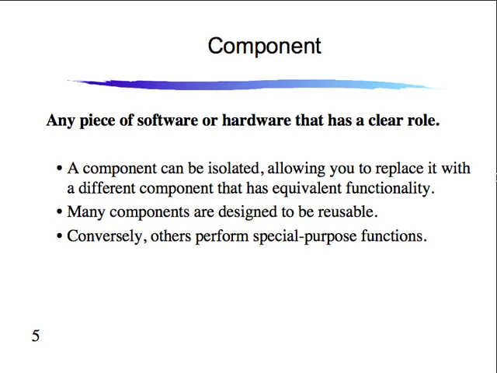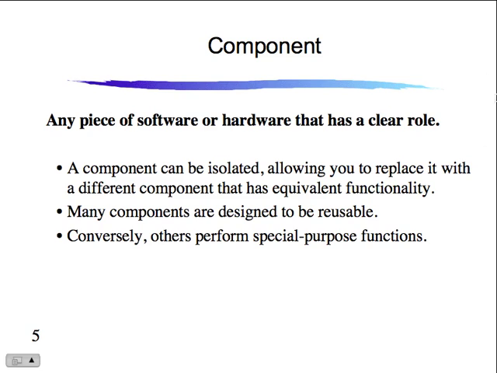So the design document, as I mentioned before, is broken out into components. Component 1, Component 2. And this is how you're designing the design document, which is kind of a play on words. This is how you're creating the design document. You're breaking it out into components. A component is a piece of software or hardware that has a clear role. If you're looking at a client-server program, components might be a client component and a server component. If you're looking at a telecommunications program, you might have a terminal component, modem component, media component, different pieces of the system.